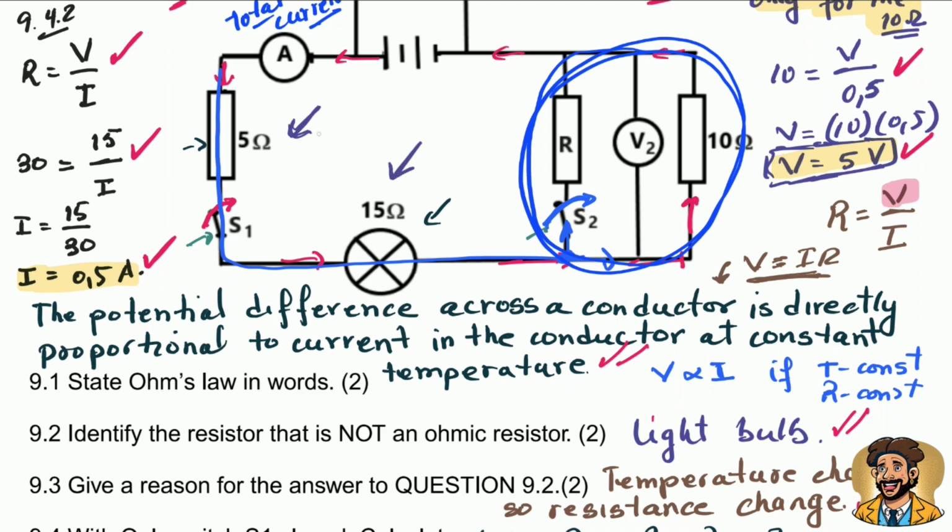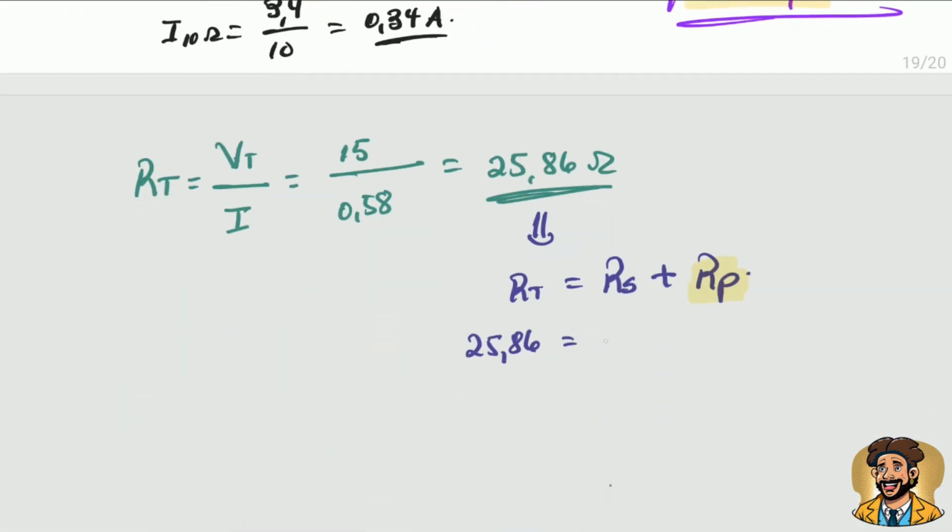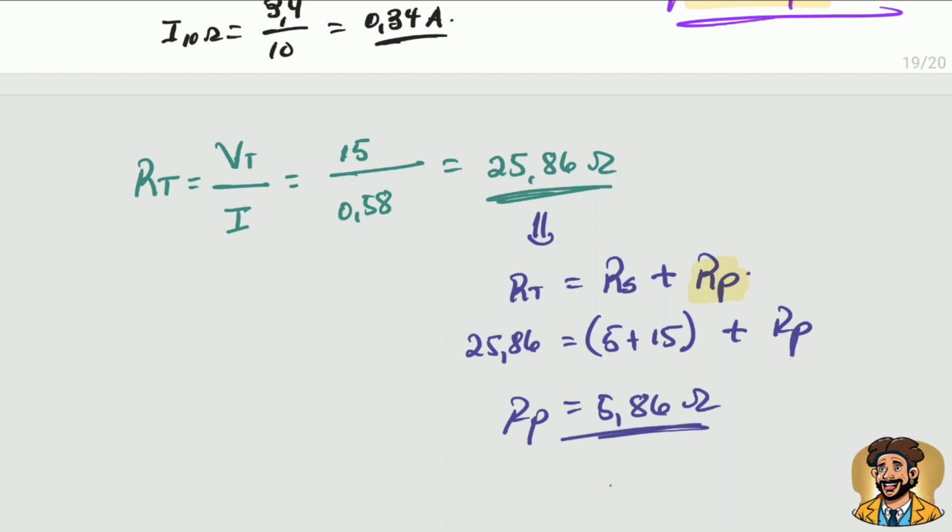Those two are in series. So in other words, it is 20 plus RP. So if you do this, you get that RP is equal to 5.86 ohm.